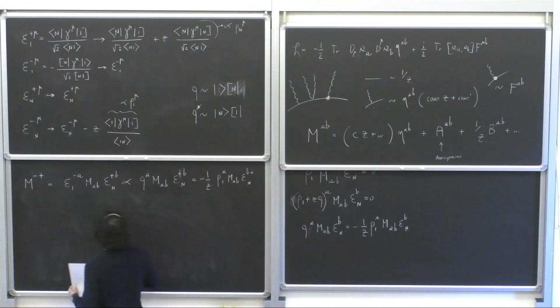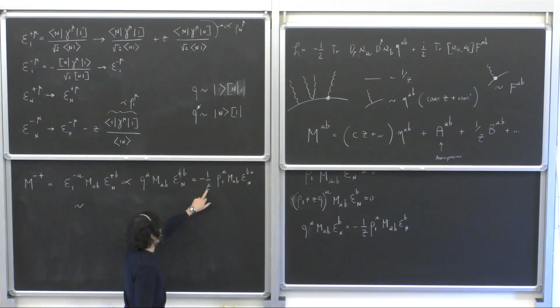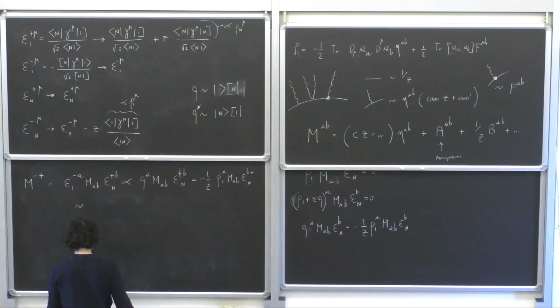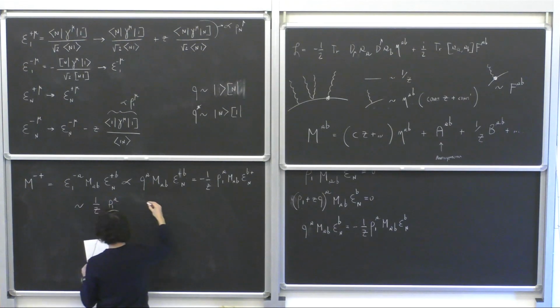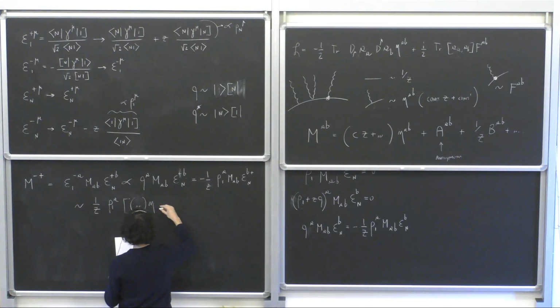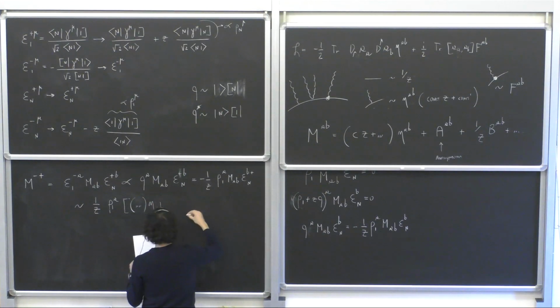We are almost done. This is something that can be made problematic only by the term growing as the complex parameter in M. So in that particular case, this will become proportional to 1 over the complex parameter. We have the P1, and here we look at the term which is proportional to the eta matrix, and then we have the antisymmetric term.